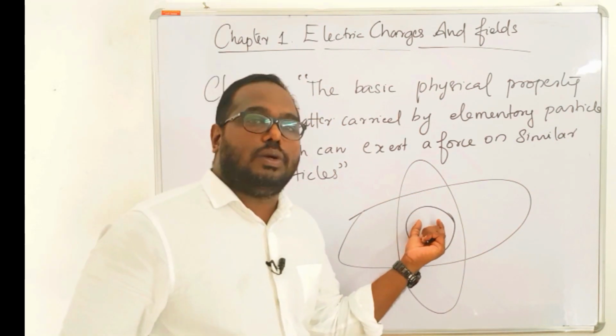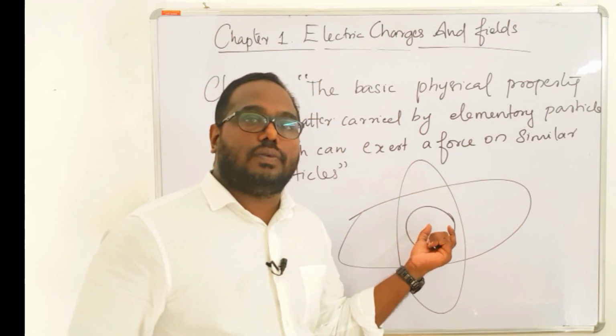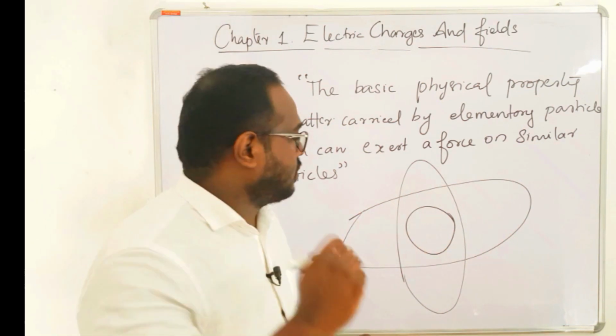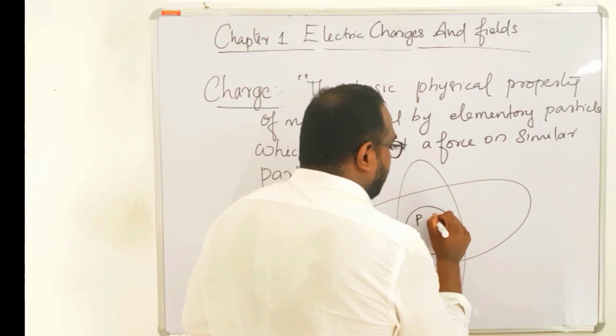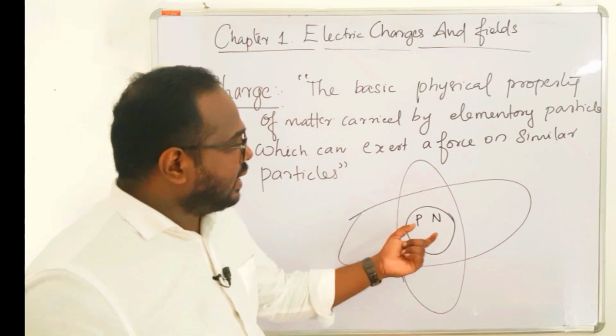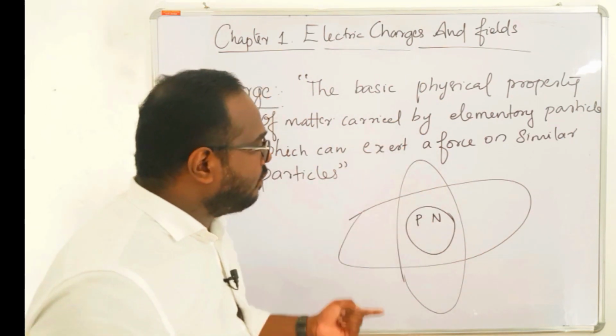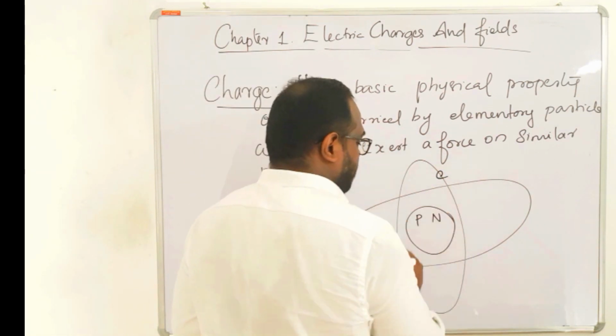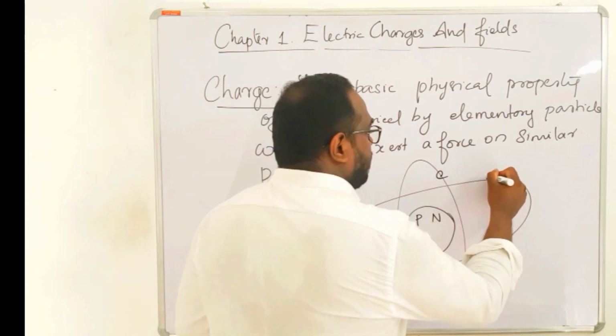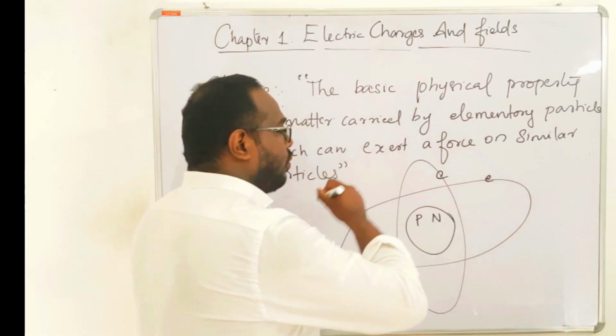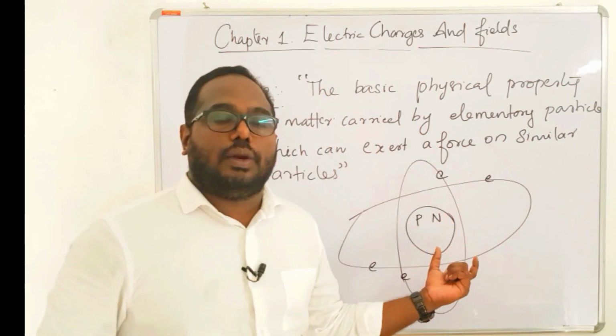What are present in nucleus? Nucleus consists of proton and neutron. So, proton and neutron, right? And this nucleus is at the center and electrons are revolving around it, right? Like this. First orbit, second orbit, it is revolving around the nucleus.